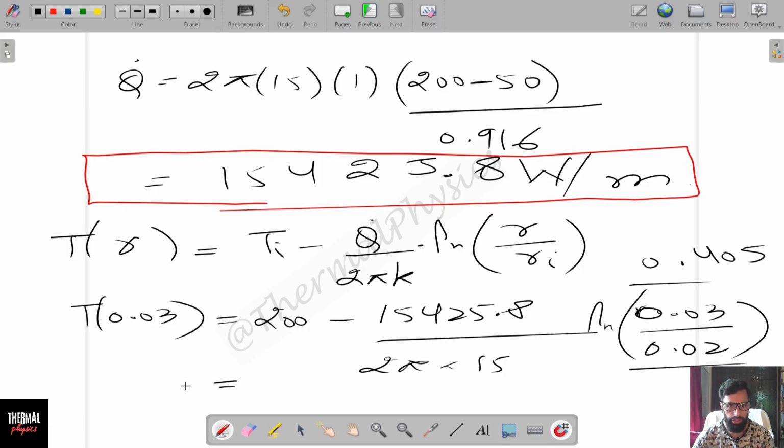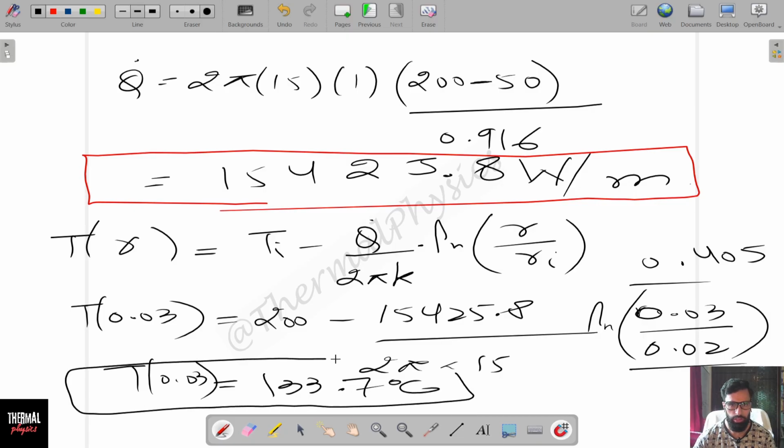So our temperature at 0.03 meters is 133.67 degrees Celsius. This is the temperature at that thickness.